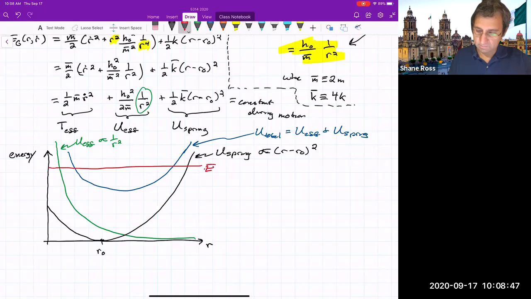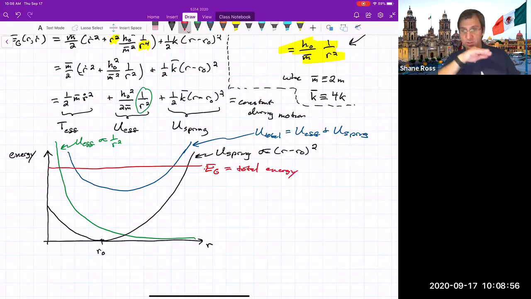This is E, total energy. It's going to be constant, which means it's also flat as a function of r. What are we left with? The distance between the red curve and the blue curve, so the total energy and the kinetic energy, right?